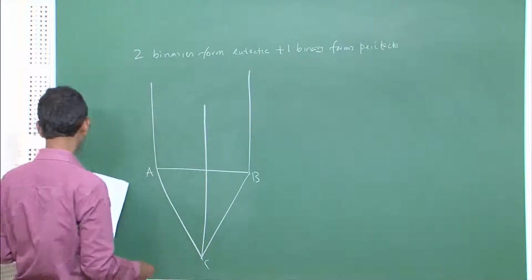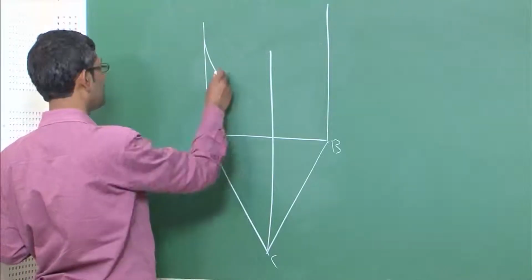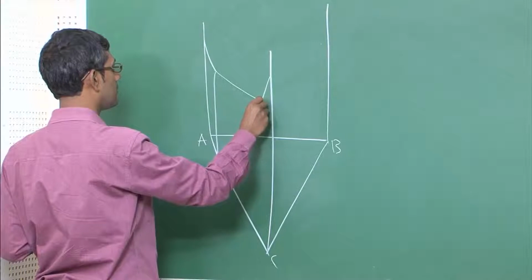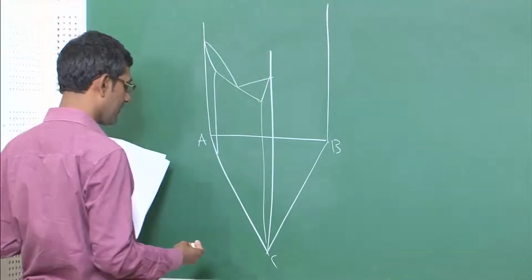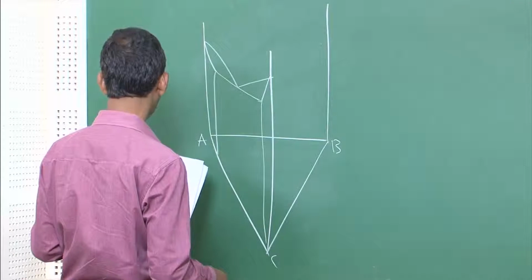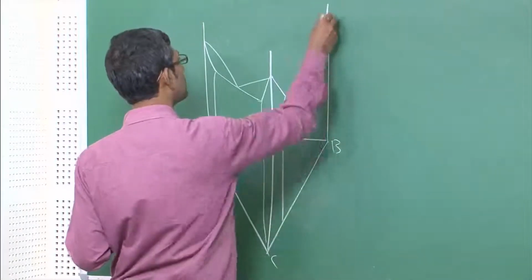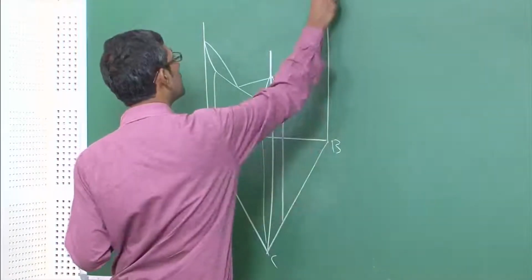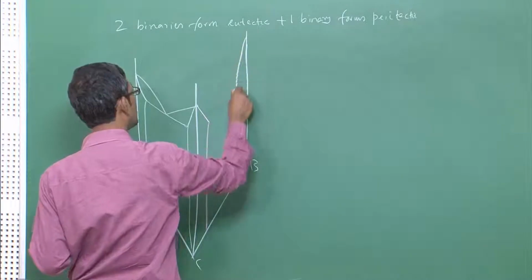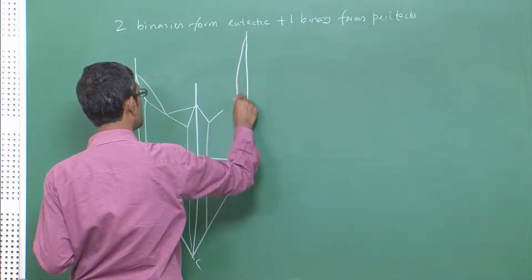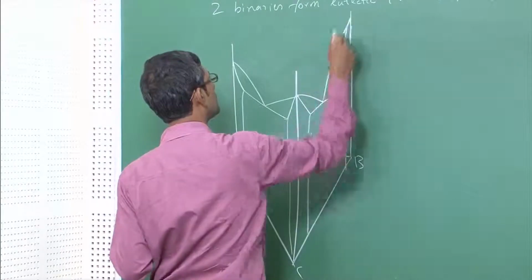Suppose I have the AC binary as a eutectic. I have drawn, using white color, the AC binary eutectic, and then the BC binary also forms a eutectic.